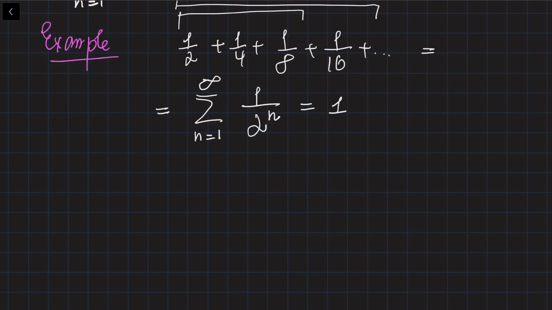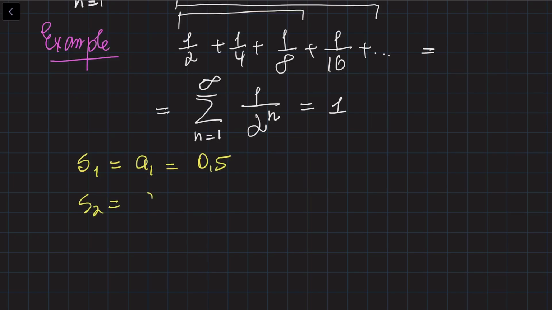We can find a couple of values of the partial sums if you want. Let's start with the partial sums. Partial sum S1 is simply A1, which is equal to 0.5.